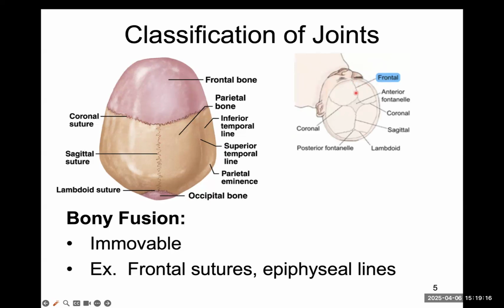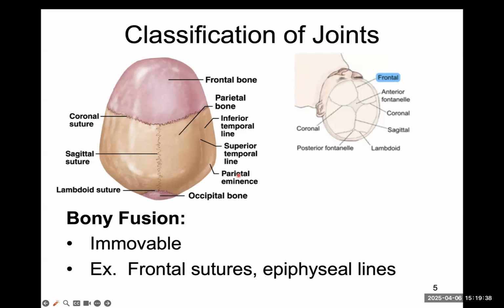The line that's still there on the baby skull is called the frontal suture. Once the frontal suture disappears, you don't see the line anymore, and the frontal bones are going to actually become one bone. They're technically two bones that are fused together, and that's why it's called bony fusion.